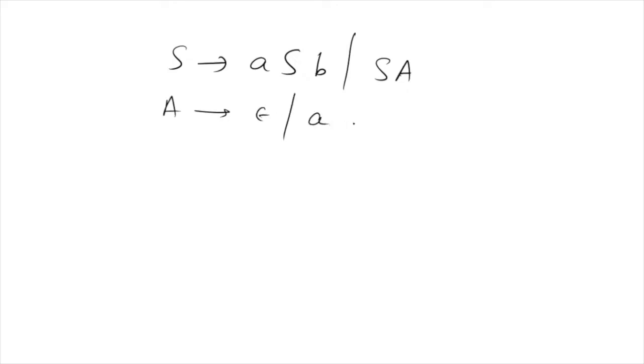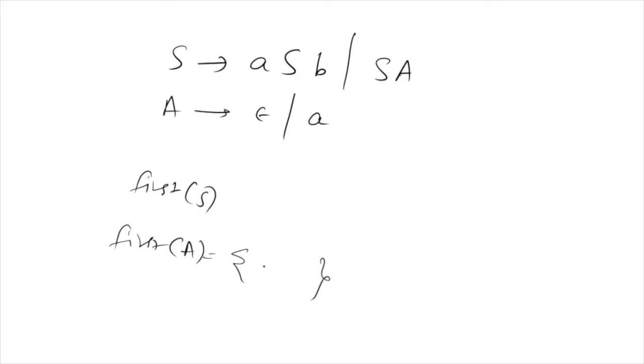Now let's take one more example. S goes to ASB, SA, A goes to epsilon, A. Let's assume this example you have. Let's try to find first of S and first of A. What is first of A?